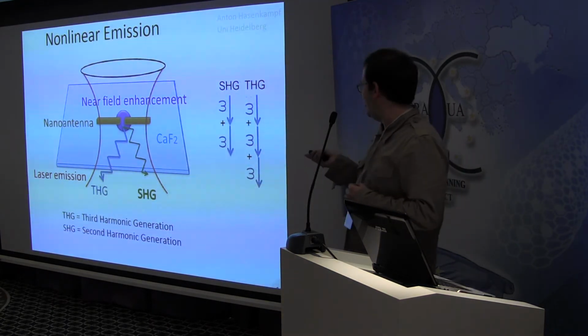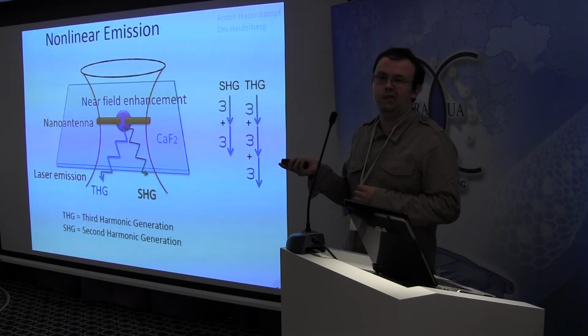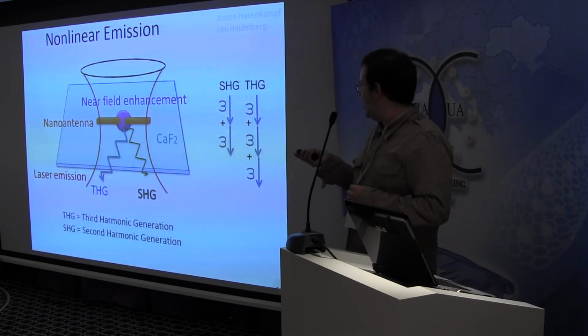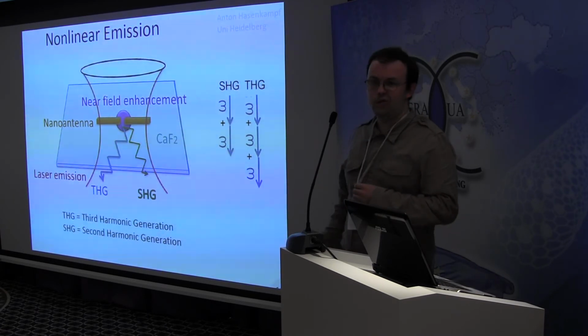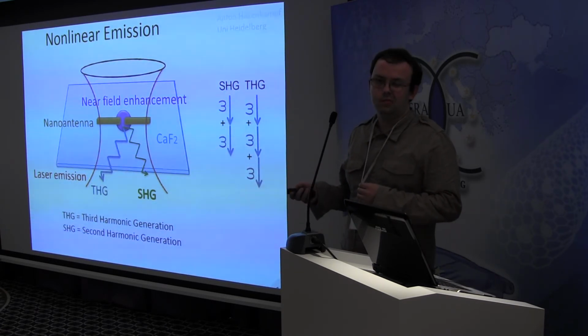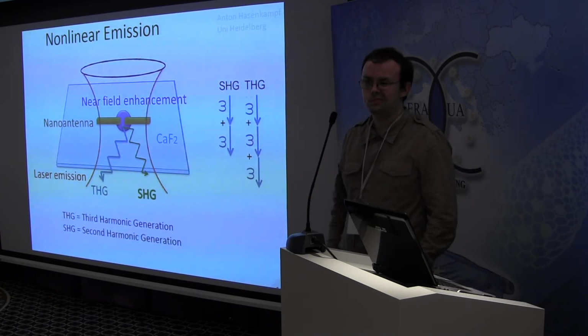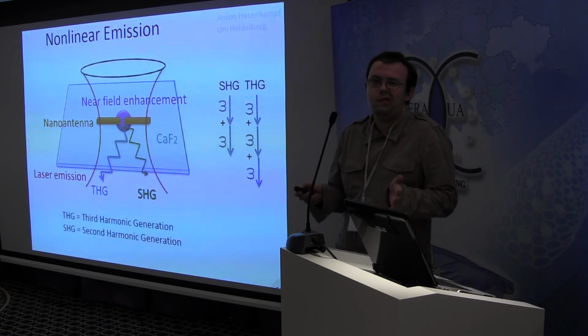I hope that we will get something also in our case if you use infrared light, but we will see when we measure. No prediction? I can't make a prediction because it was never done before.